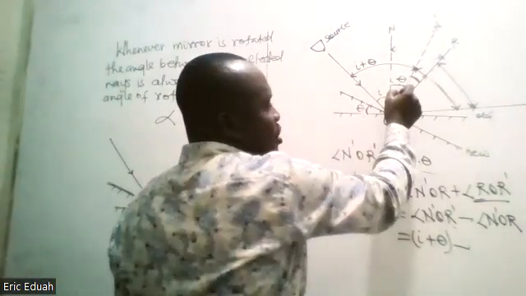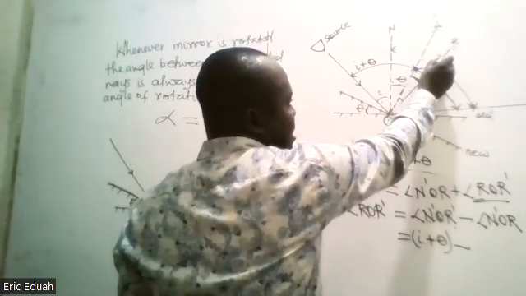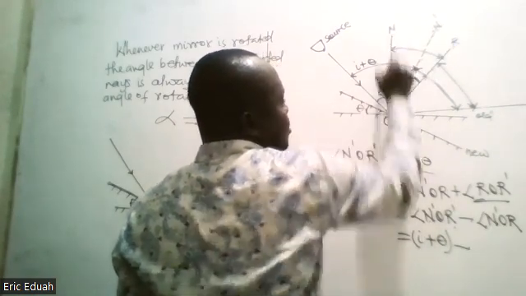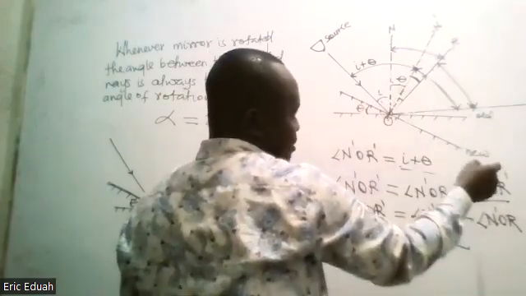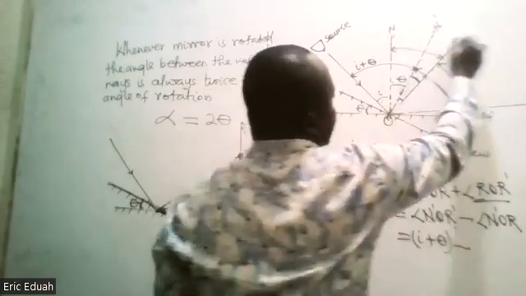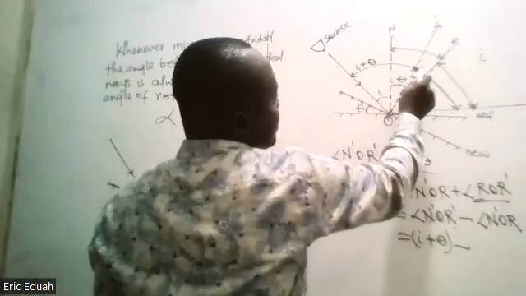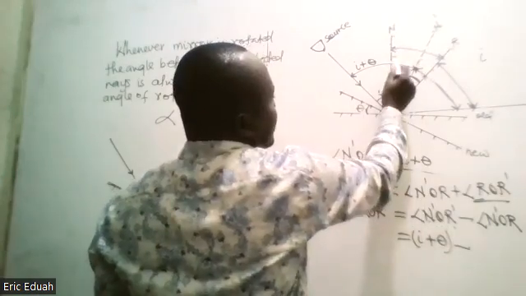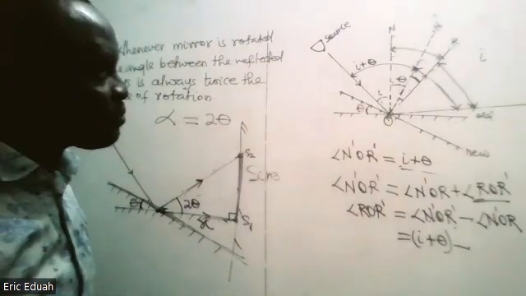With that, because we said I is equal to R, this gives me the answer that N O R will certainly be equal to I. So N O R is I. If this is I and this angle is theta, I can easily find this small angle, isn't it?